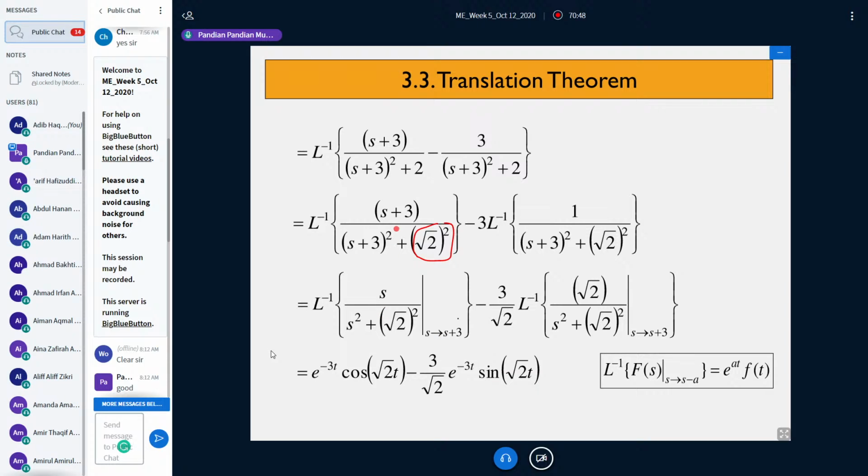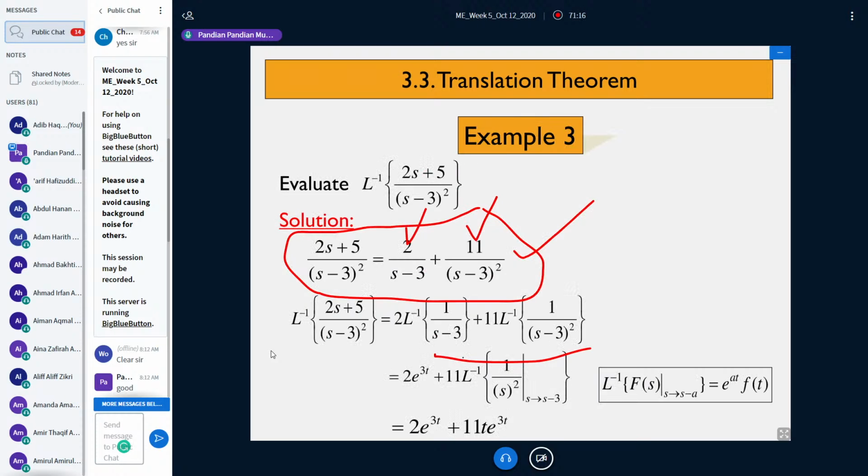Because there is no inverse formula for S plus 3. You only have inverse of S over S squared plus root 2 squared. Of course, you can skip this step. So from here, answer you can write here, because your a is 3. So S minus 3, so a is minus 3.